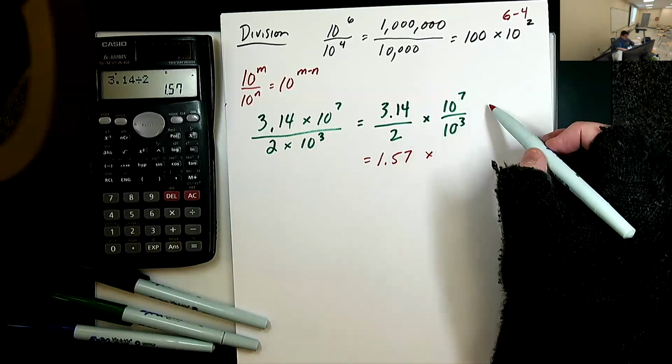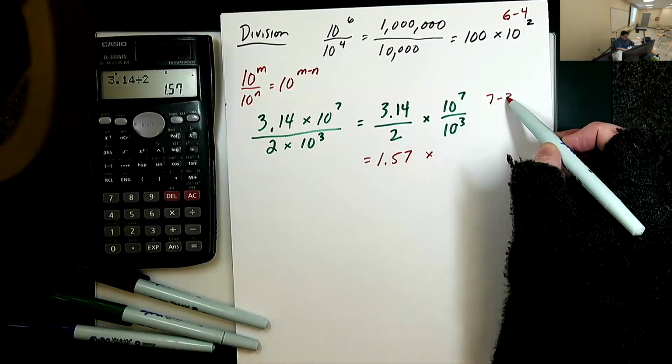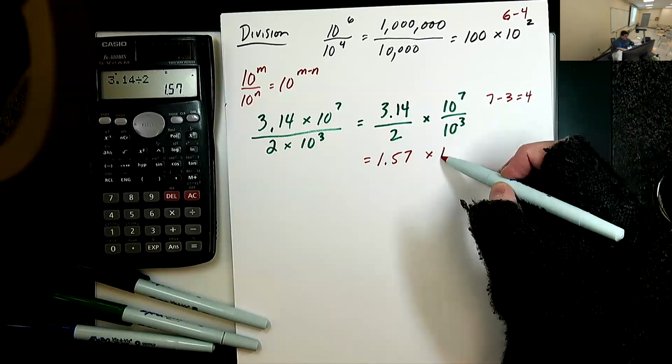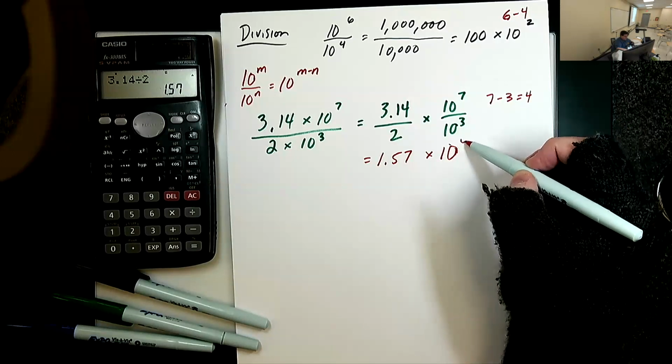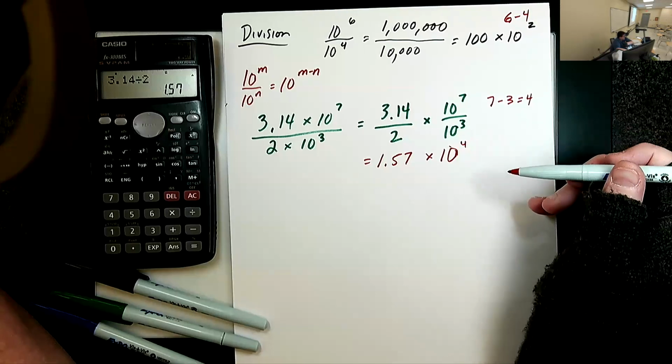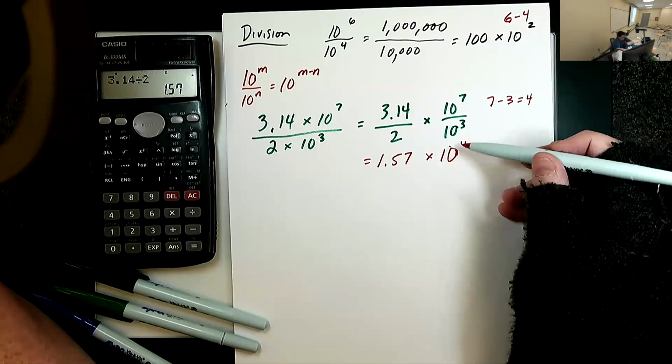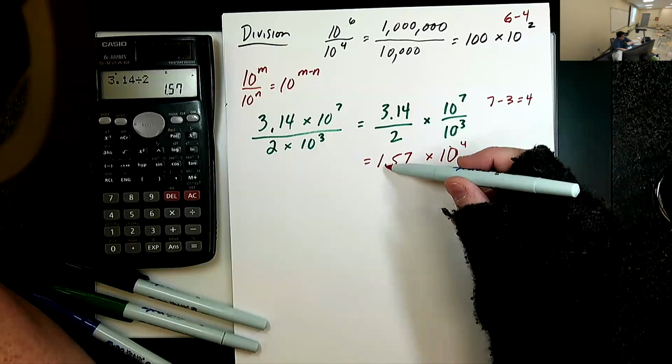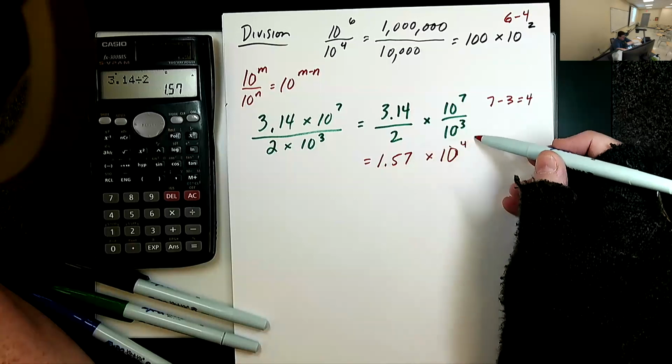And if I do the subtracting thing here, I have 7 minus 3 is 4. This is times 10 to the 4th. And my decimal is already in a good spot. There's only one number in front of it, so that would be where I'd stop.